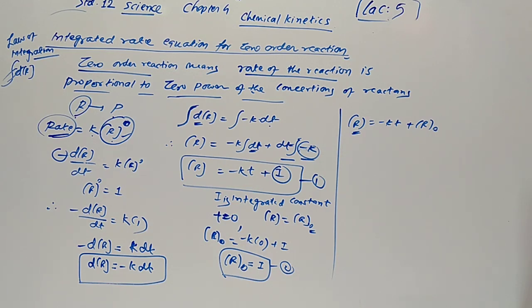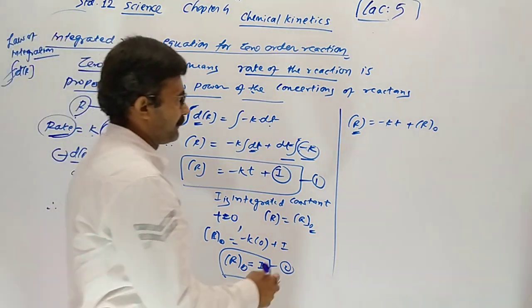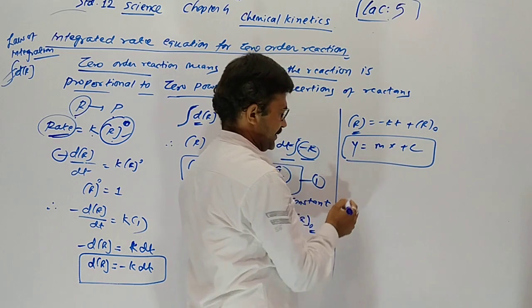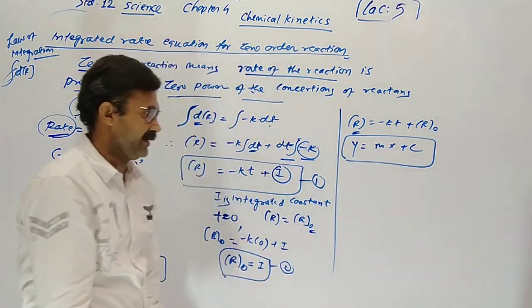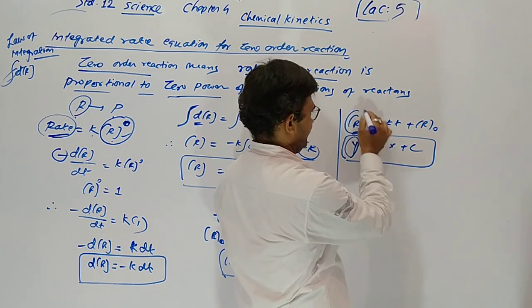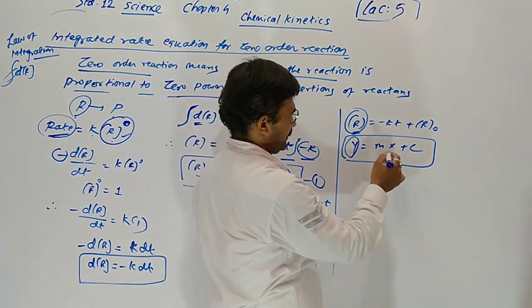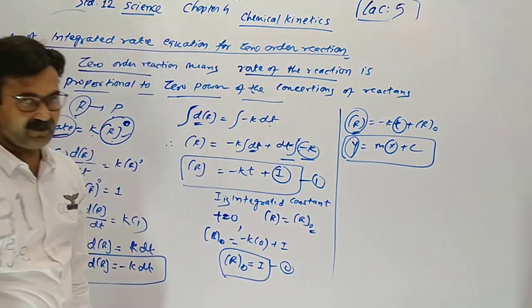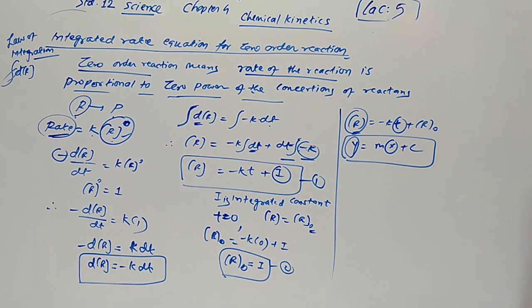Comparing this equation with a straight line equation, y is equal to mx plus c, on the y axis there should be concentration, on the x axis there should be time. So if we plot R against t, we get a straight line.